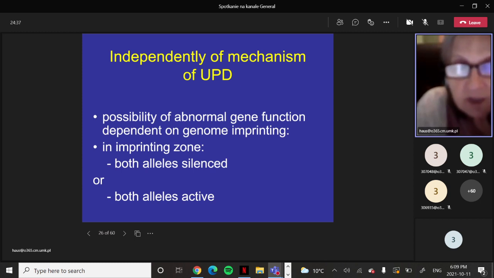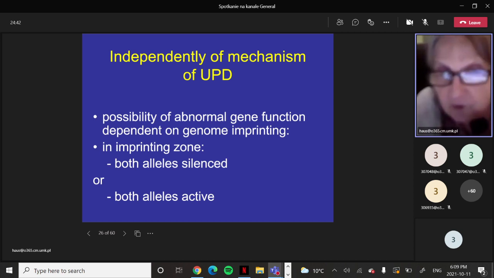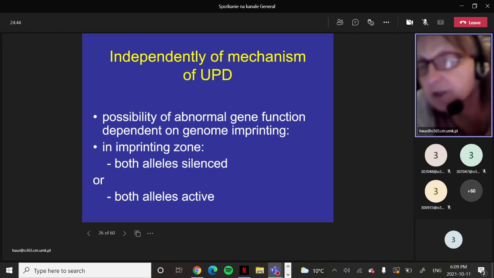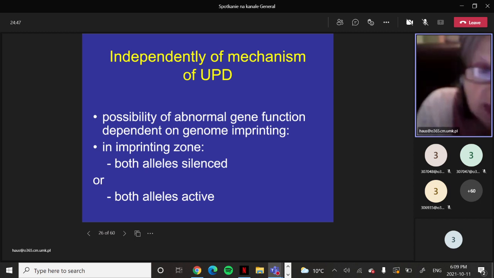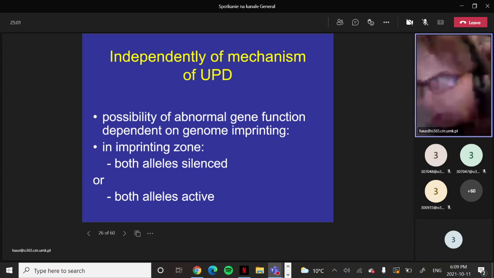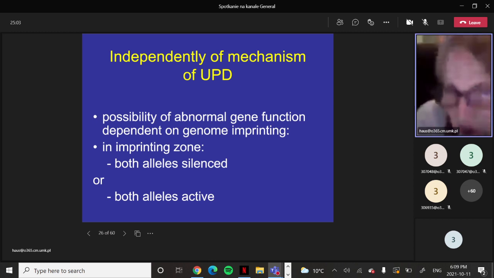When both alleles are silenced, it means that the whole gene is inactive. Yes, so it means a disease. Both alleles active means that it is too much active genetic material of this gene. And what does it mean? Also a disease because of imprinting abnormalities.